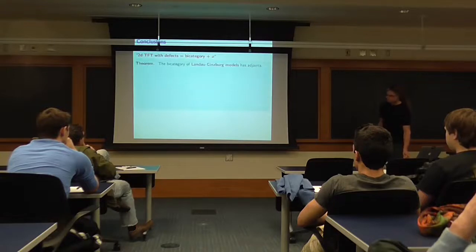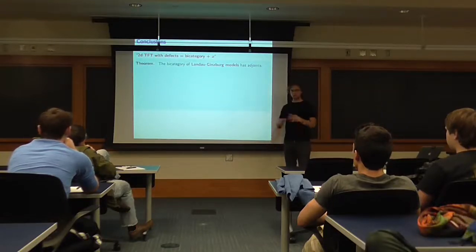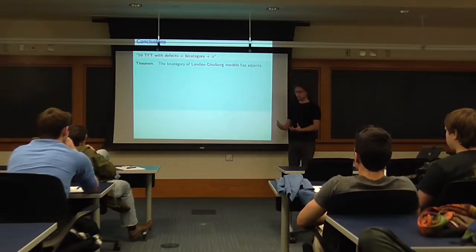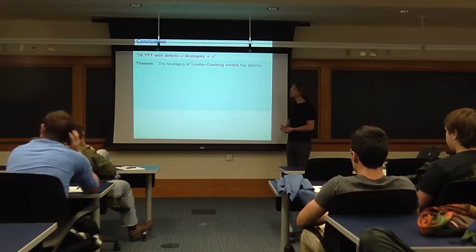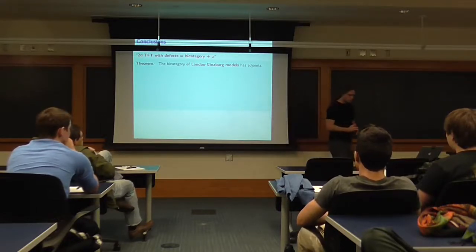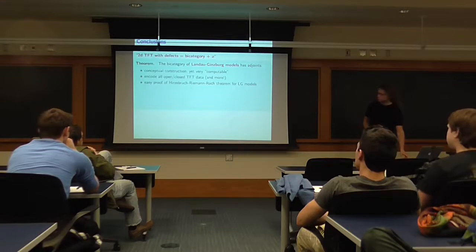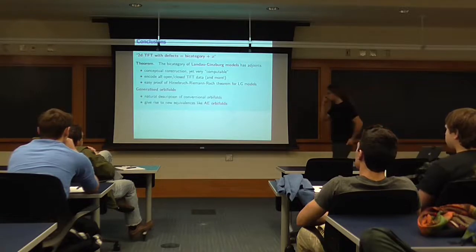I said that 2D TFTs with defects are to be described by bicategories plus some other structure. The other structure that I focused on in this talk is having adjoints, and I talked about the theorem proved together with Daniel Murphy that this is in particular the case for Landau-Ginzburg models, which leads to various nice applications of things that we already know, but in a new guise, which I think is very natural.